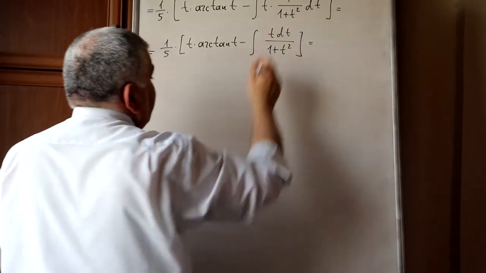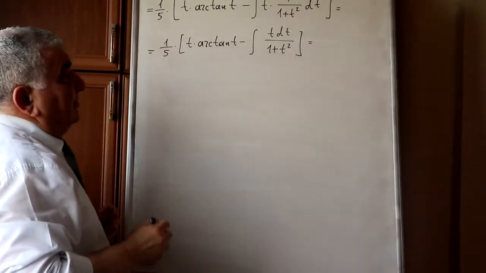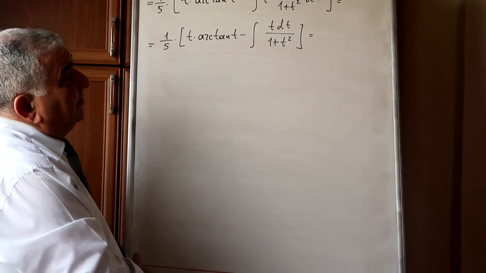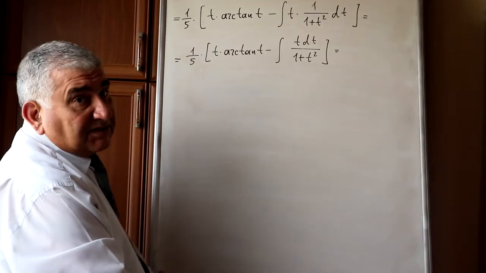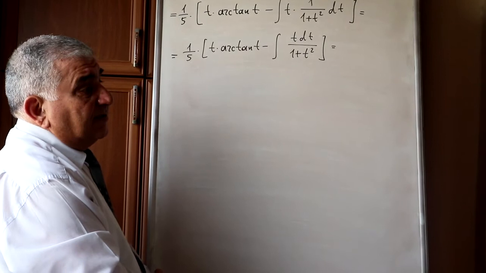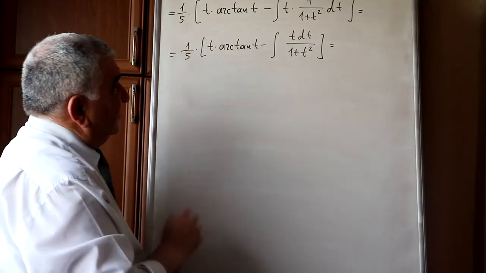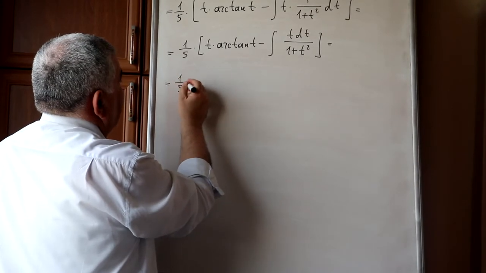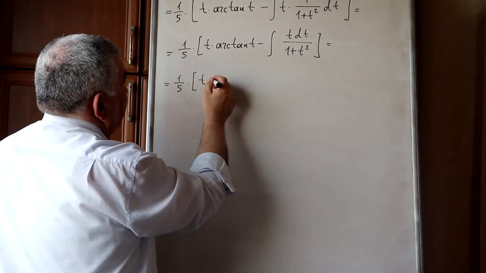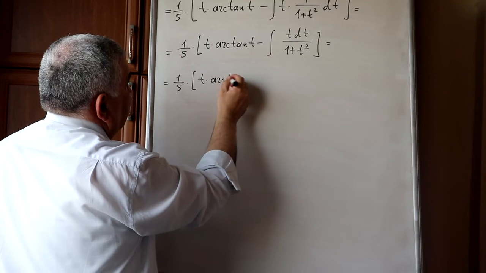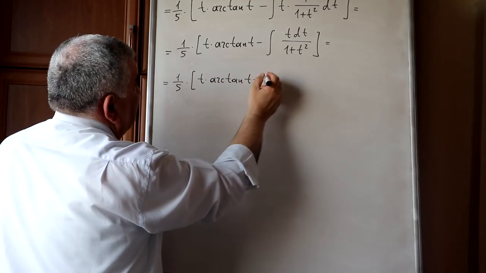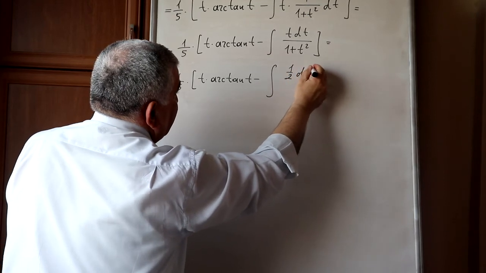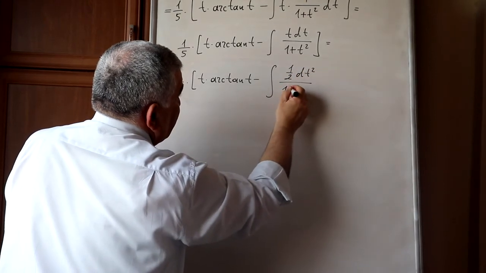Equals. And you already know from the anti-differential table that t dt is 1/2 d t squared. So 1/5 multiplied by t multiplied by arctangent t minus 1/2 times the integral of dt squared over 1 plus t squared.